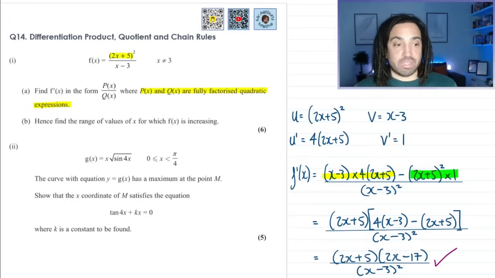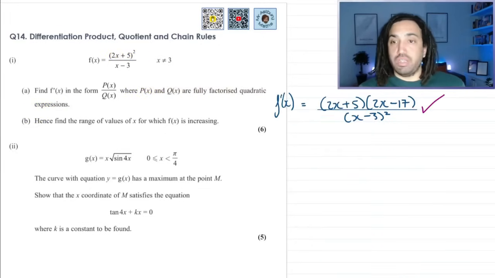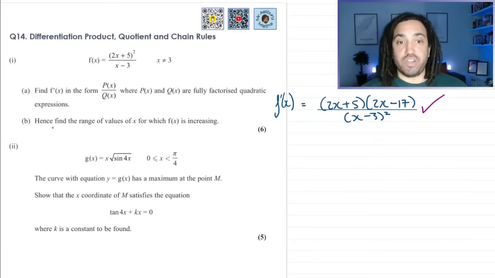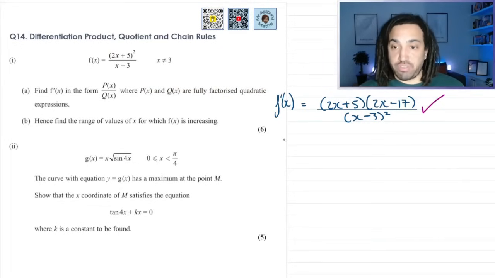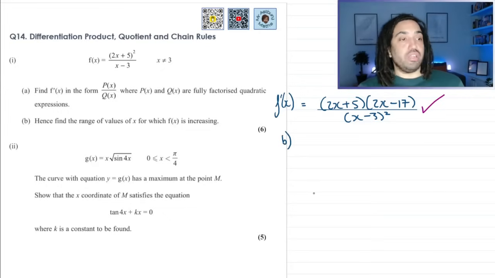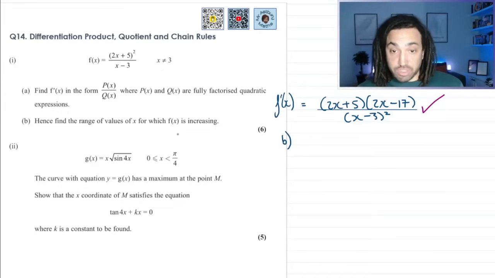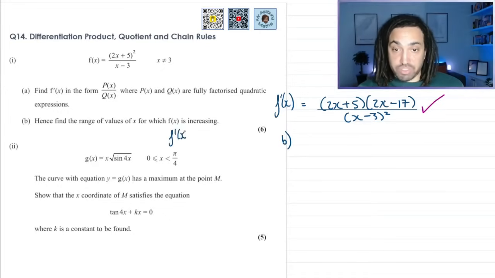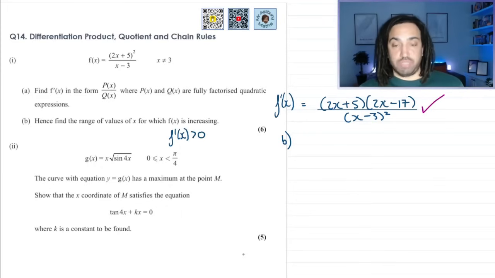Lovely. Okay, next part, it says, hence find the range of values of x for which f(x) is increasing. Okay, so if f(x) is increasing, it would mean its derivative is always positive, because an increasing function means the gradient of that function will be positive because it's always going up.